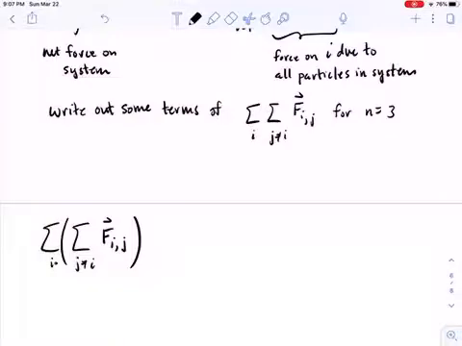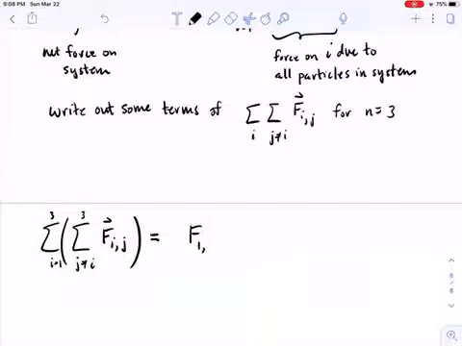Okay, so this sum over i is going to be from 1 to 3. And this sum over j not equal to i is also going to go to 3. We're just going to exclude j equals i. Okay, so first we just have i equals 1. So that means we're going to have F1, and j can't equal 1, so we don't have a 1 term, right?